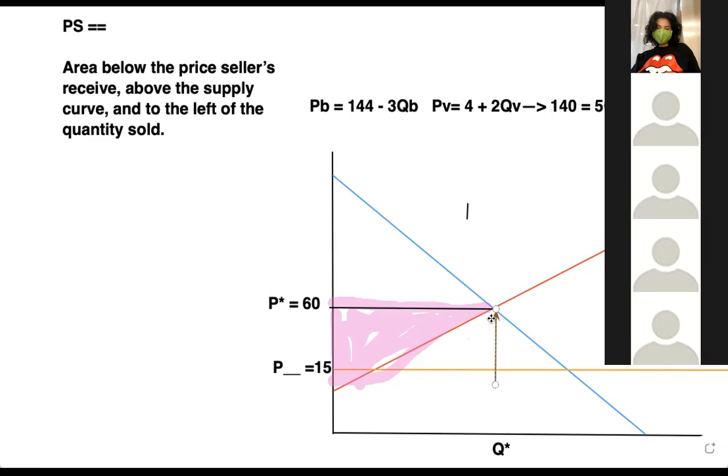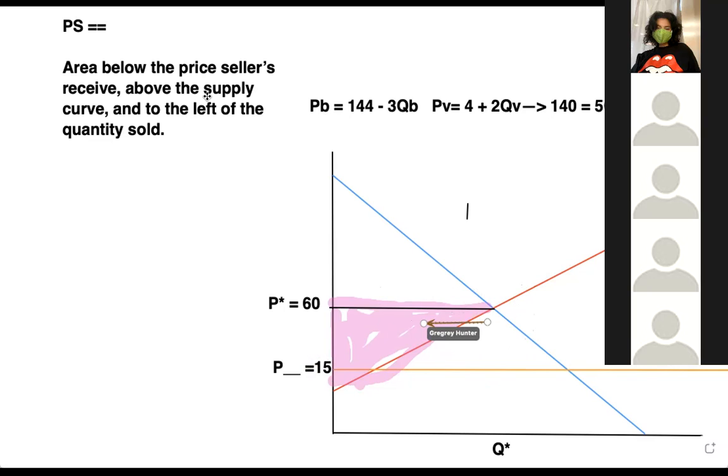And in this example, sellers are selling the equilibrium quantity. There we go. So it's over there. You see these three directions point to the pink area, right? Right. So it's just as simple as that.